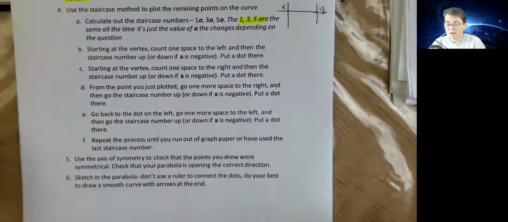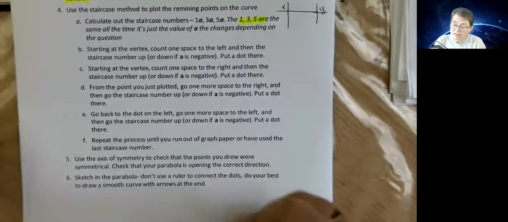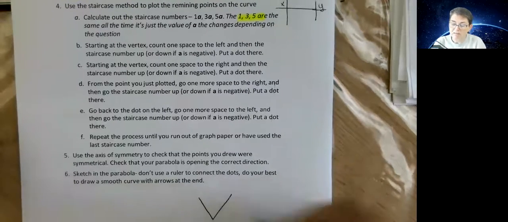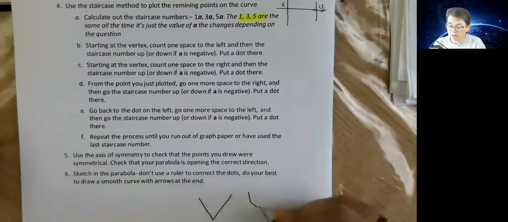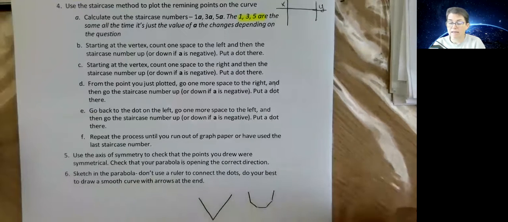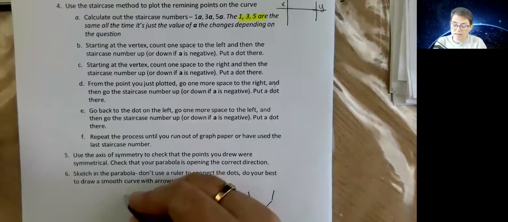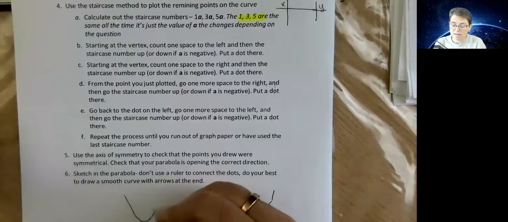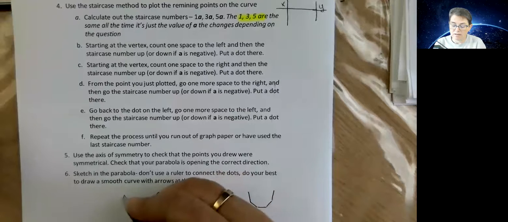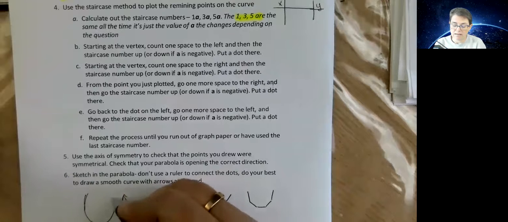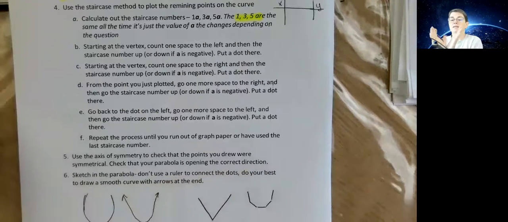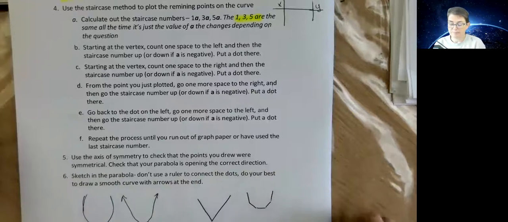Then you sketch in a parabola, and parabolas do not look like that. You do your best and draw a nice curve. Oops, arrows on the corners. And it doesn't ever look like that either. The x is always increasing, so the arms are always pointing outwards a little bit.